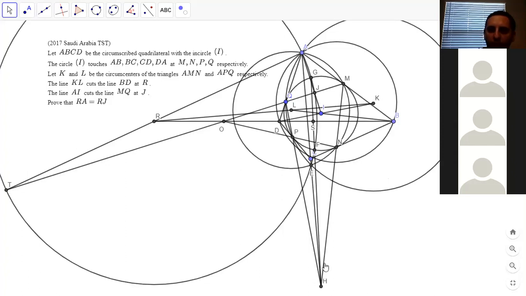F, G, S, and H. If we can show those are in harmonic conjugation, I think that solves it. Because we know R lies on the polar of H, and if we could show that also S lies on the polar of H, then I think that would solve it.